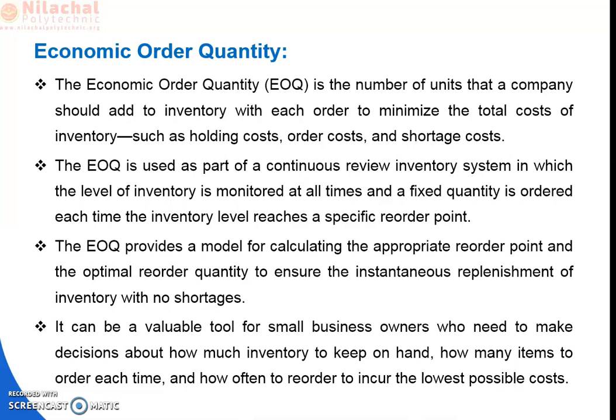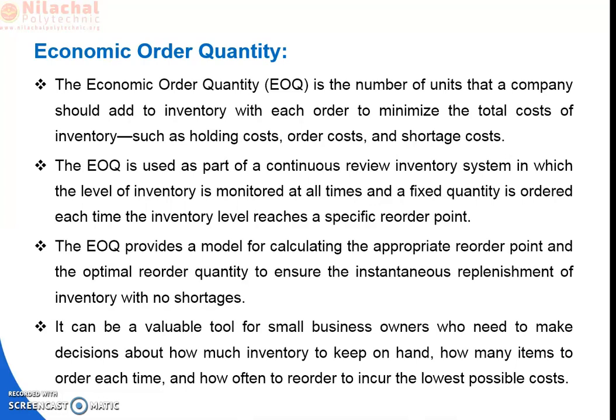Order cost is the cost of the number of orders to be placed for the total amount of items required by the company. Shortage cost means that when production demand is increasing in the market, there may be a scarcity of raw material. So for that you have to manage the shortage cost.